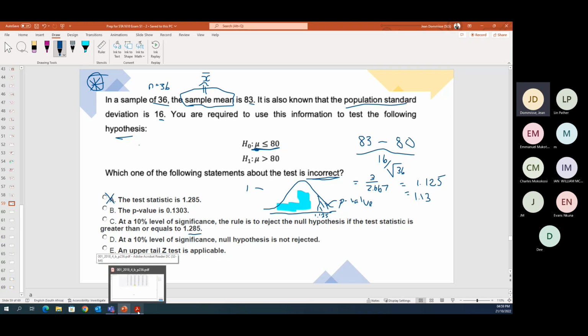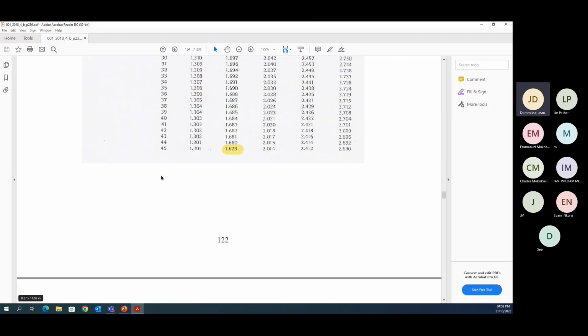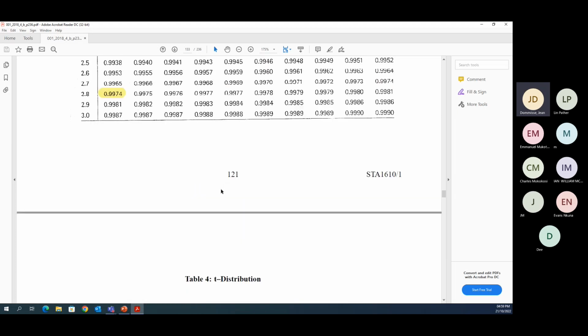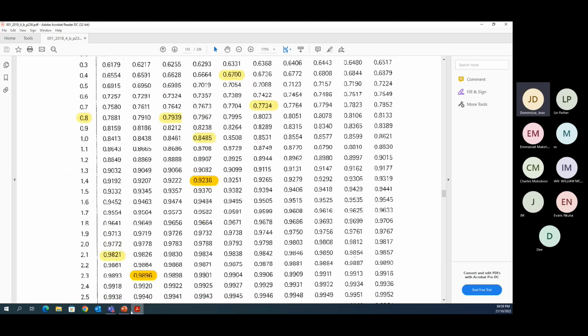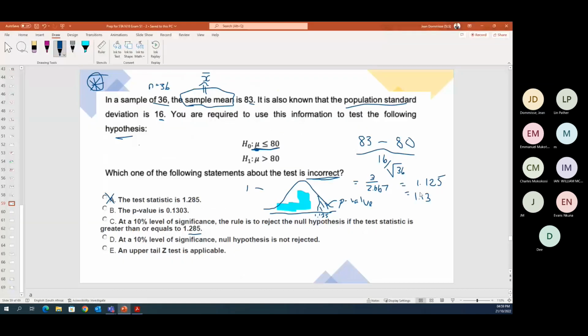Or what they can say is that you need to get the value between 1.12 and 1.13, because that is in the middle.